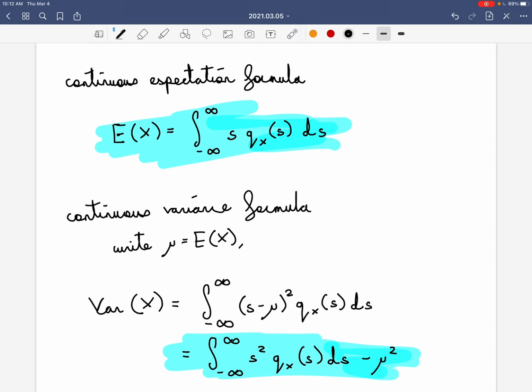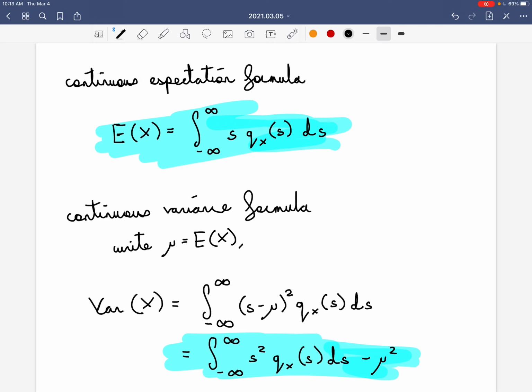used as the initial definition, where I have integral of s minus mu all squared qx of s ds, and that formulation makes it transparent that variance is always positive because the square is positive and the density is positive.